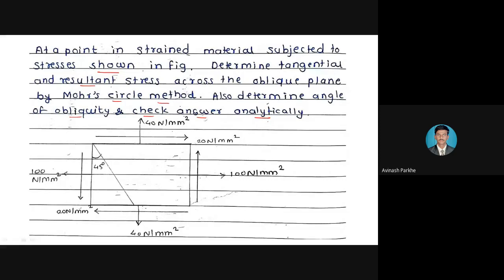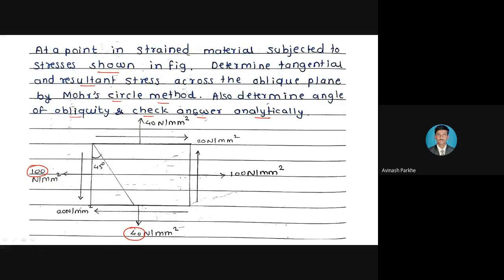From the figure we can easily identify that this problem is based on case number 3. Why? Because it is subjected to three stresses. Sigma x is 100 Newton per mm square, applied on the vertical plane, or the major principal plane. Sigma y is 40 Newton per mm square, applied on the minor principal plane, or the horizontal plane.